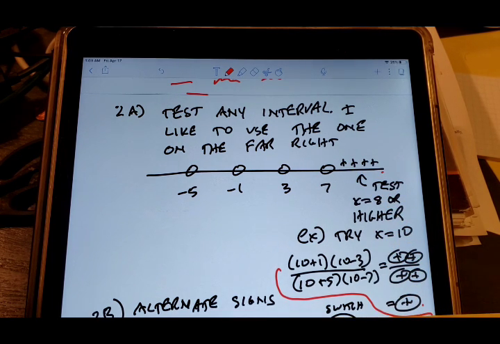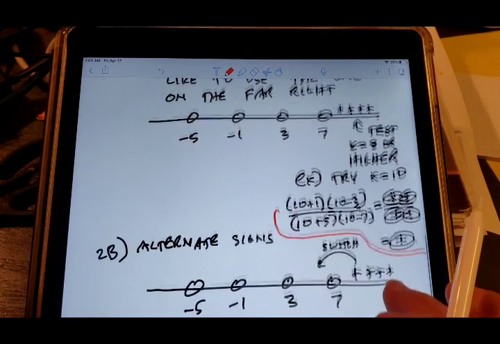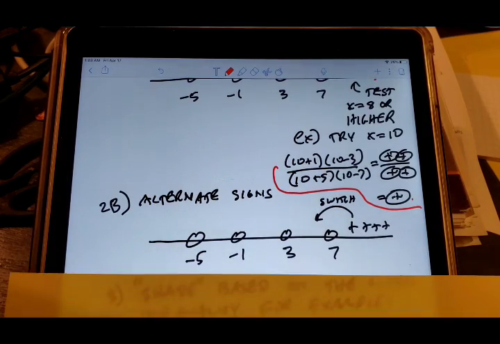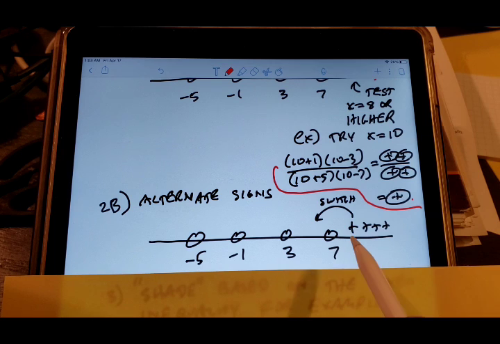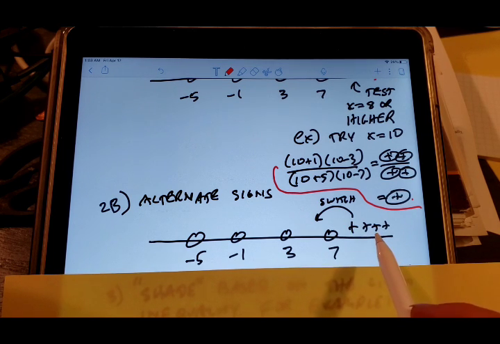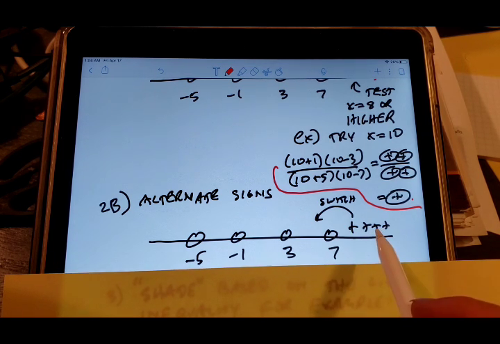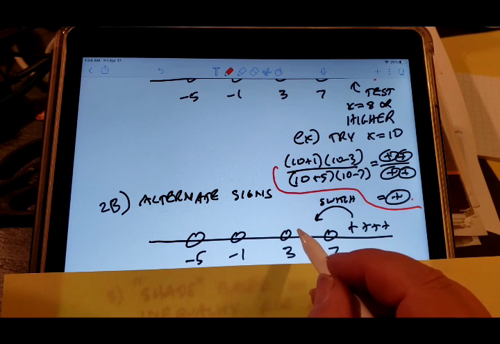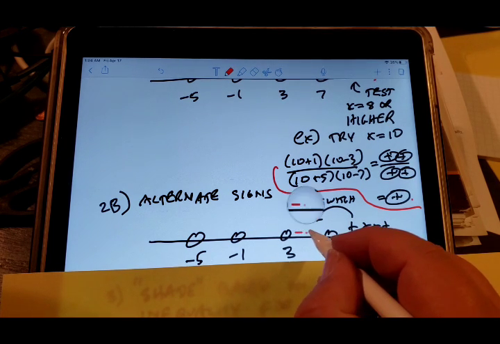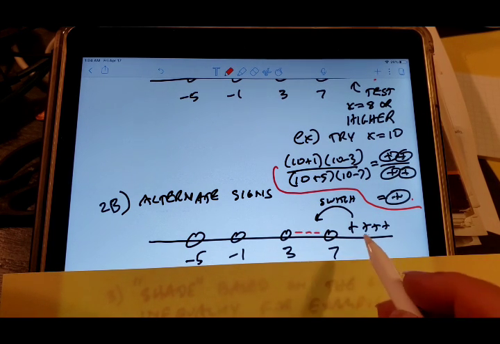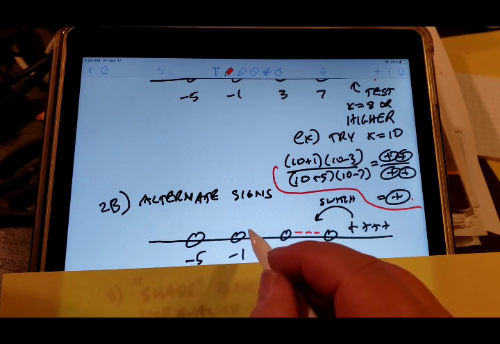Now, the next step, and I could have written it up there, I feel like, is if you get plus, plus, plus, or if you get minus, minus, minus, whatever you get, switch the sign in the neighboring interval. So if this was all pluses, it's going to be all minuses.